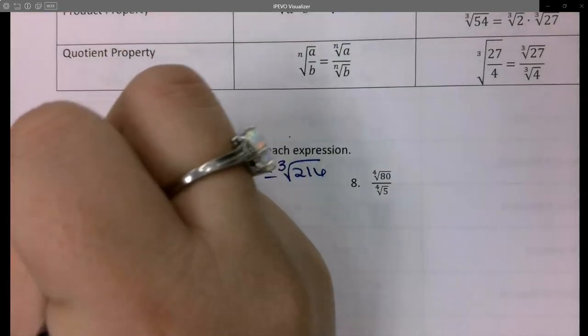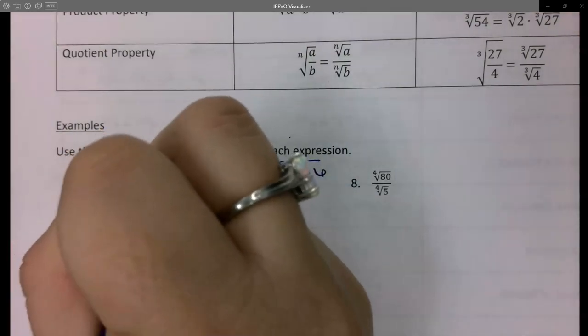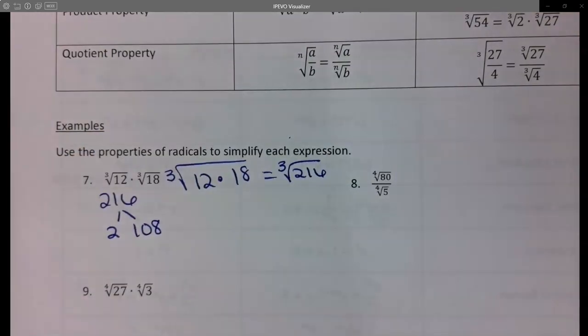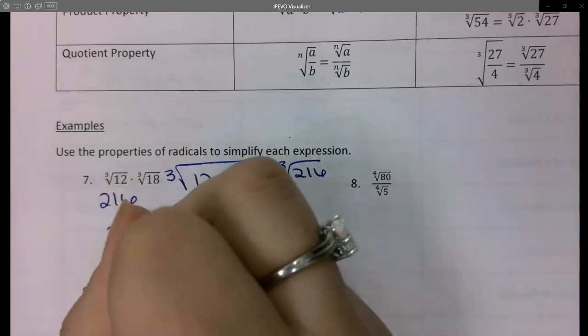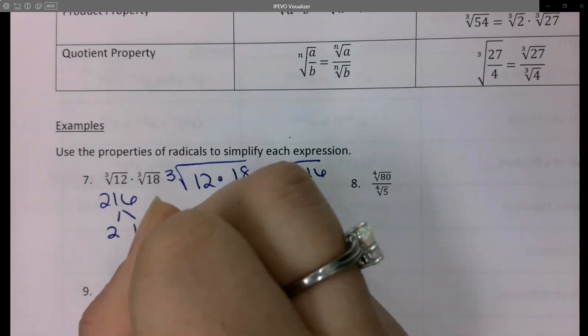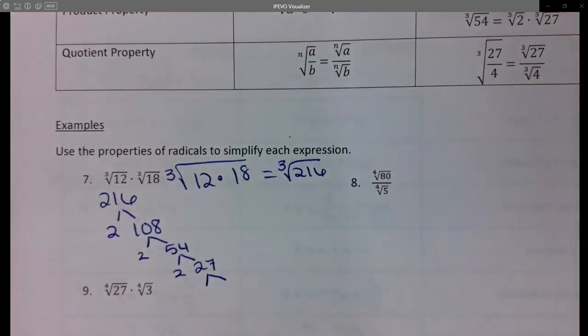So if I do my factor tree for 216, I can see it's even. So that's going to be 2. 216 divided by 2 gives me 108. 108 divided by 2 gives me 54. 54 divided by 2 gives me 27. 27, I know, is divisible by 3.